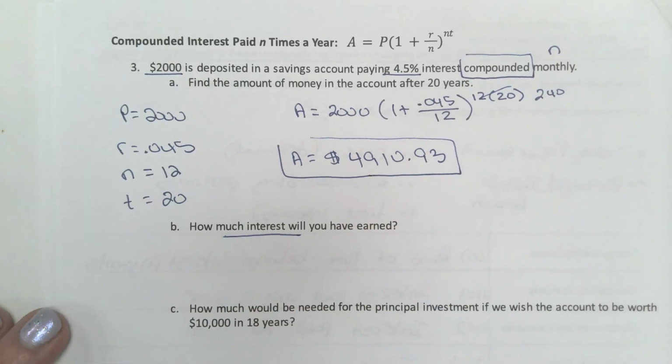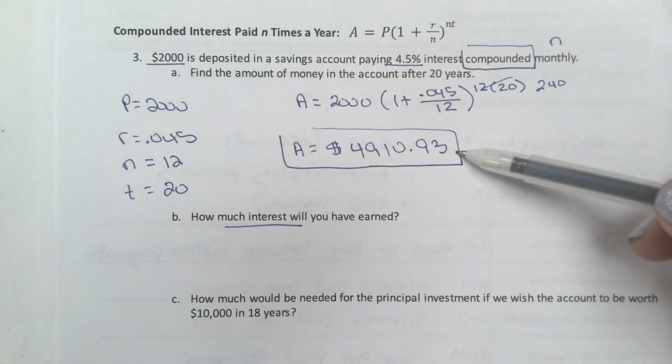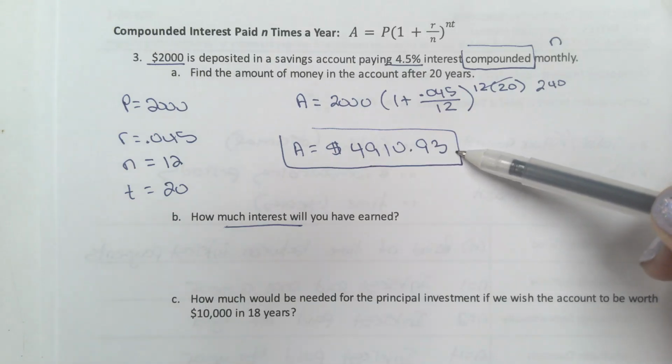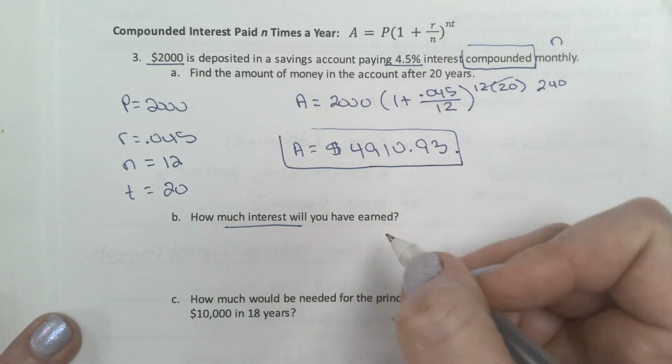Don't overcomplicate this. Some people did on the quiz. How much interest was earned? So this is my total in the account. Of that balance, how much interest did I make? All you've got to do is subtract.